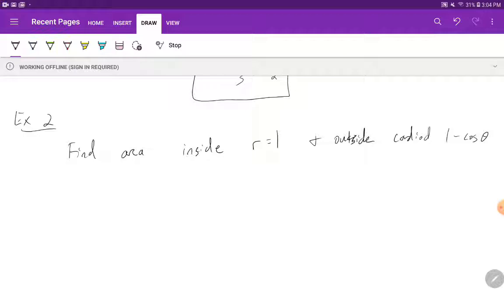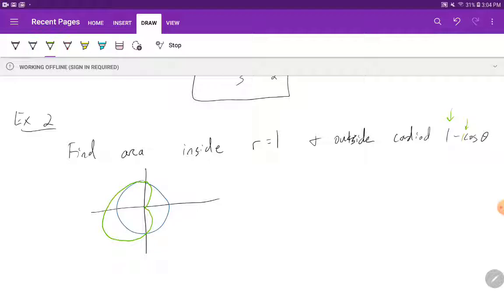All right, so if I draw it out, I have on this one in blue, it's r equals 1, and then 1 minus cos theta. Negative cos theta means we're expanding out to the left, and since the ratio between this and this is 1, it's going to create a cardioid, which looks like this.